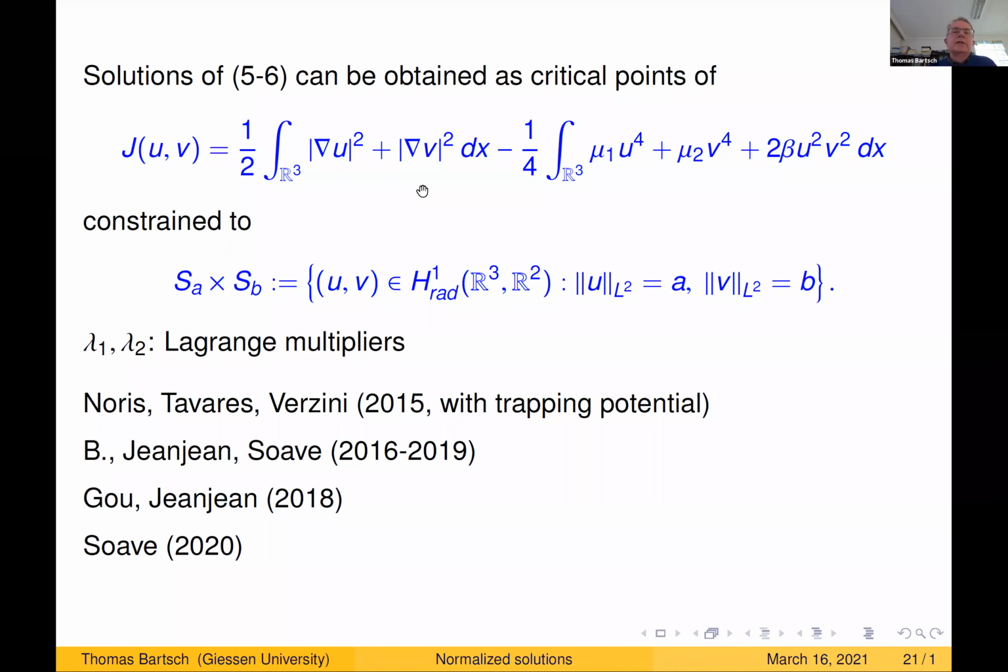They considered more general exponents, both where the exponents are mass supercritical and mass subcritical. So this has been considered in other papers. I don't want to go into details because then the results get technical. Anyway, there's also a nice paper by Noris, Tavares and Verzini, where they have trapping potentials, that means V of x converging towards infinity as x goes to infinity.